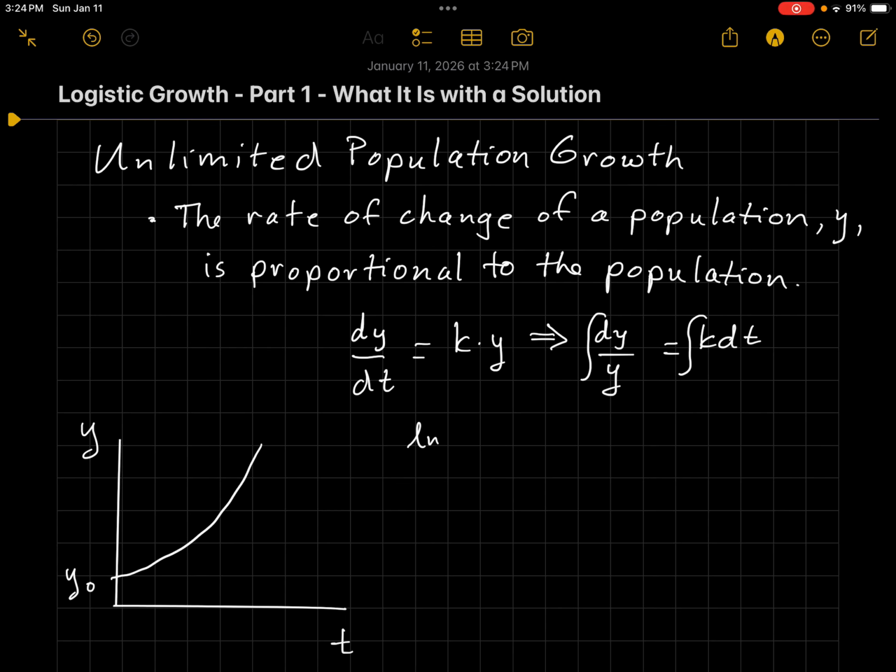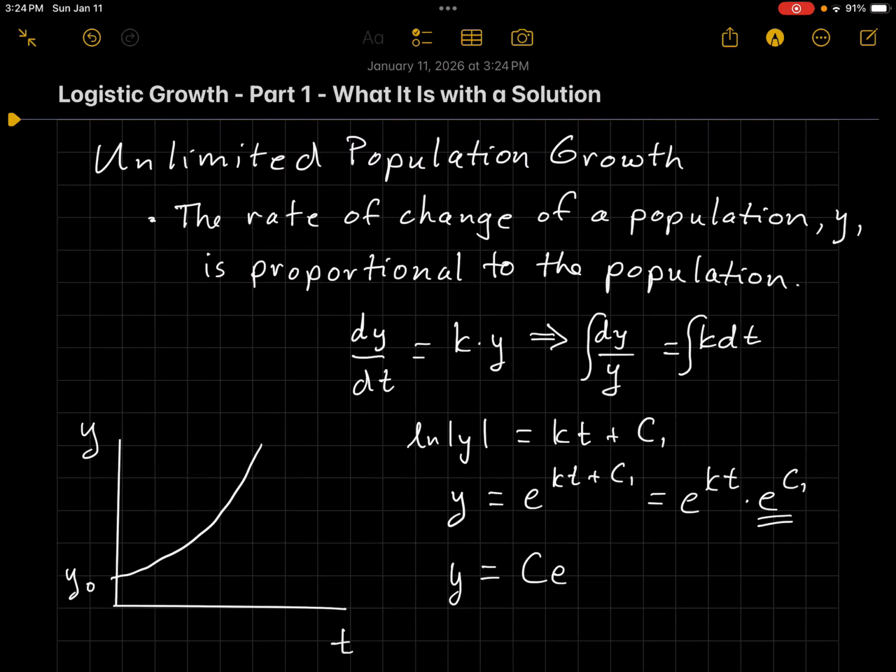The left side would give us the natural log of y. The right side would give us kt plus some constant of integration c1. Doing e to both sides, we would get y equals e to the kt plus c1. Using properties of exponents, that will give us e to the kt times e to the c1, where this back part is some unknown constant.